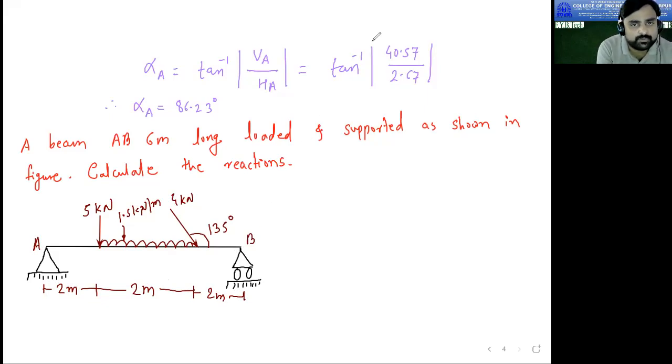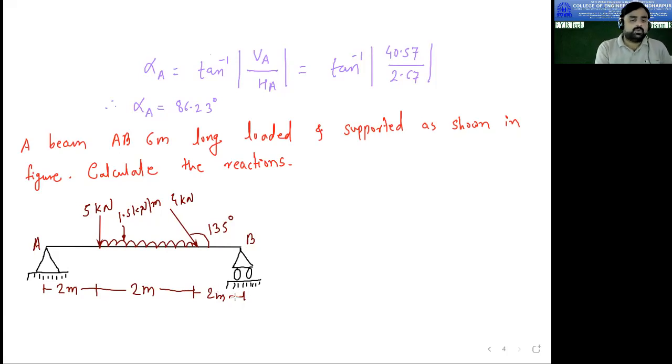First of all, we will draw the reactions. How many reactions will be there? Now this is the roller support at point B. How many reactions are there for the roller support?